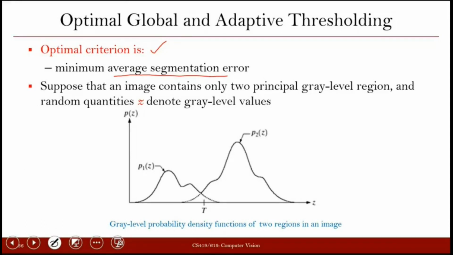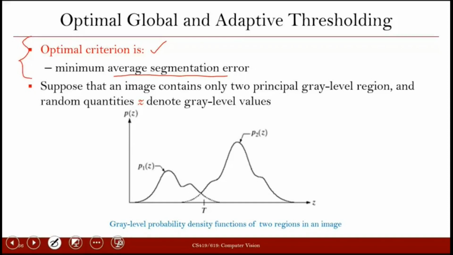Why do we say average? Because we want to take the average of the two errors: one where foreground is segmented as background, and another where background is segmented as foreground. Wherever we get the minimum error, that particular threshold is considered the optimal threshold. This is the criterion we are going to use here.